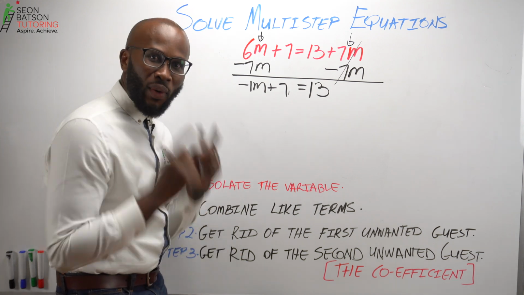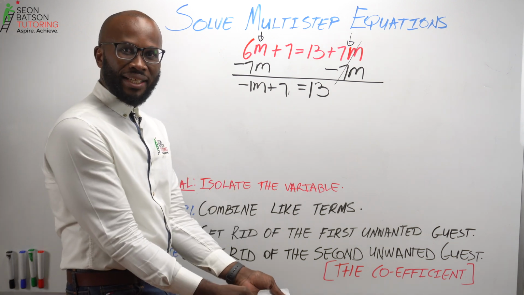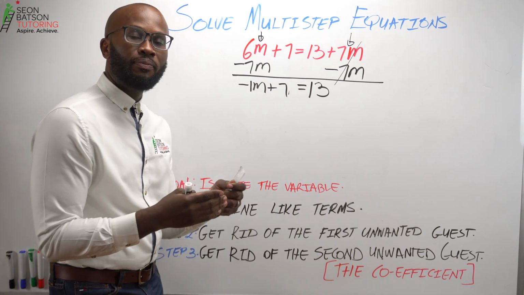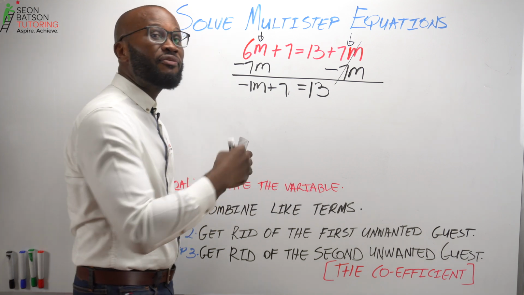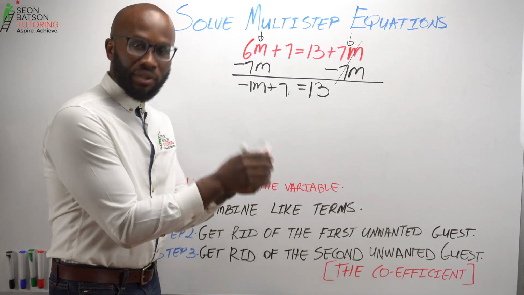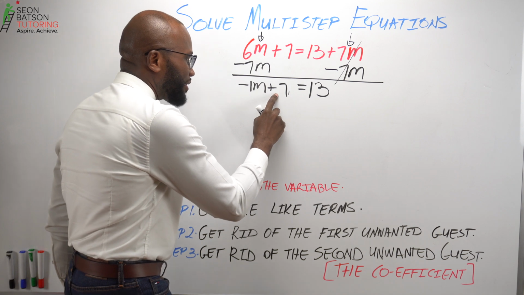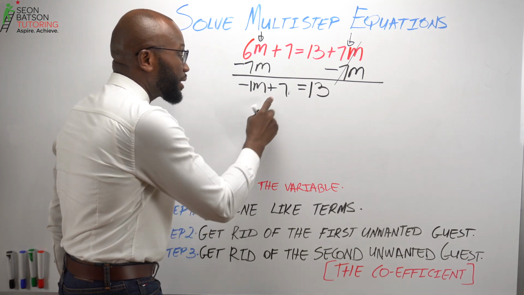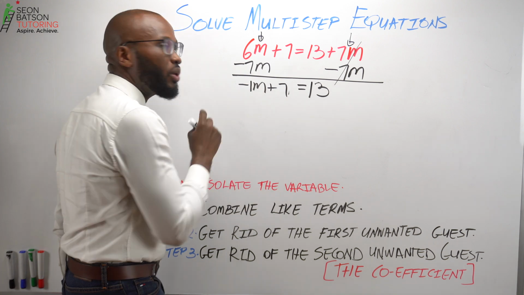The question is, which one do we get rid of first? Now, the rule says you always get rid of the unwanted guest that is farther away from the variable first. This positive 7 is farther away from the m than the negative 1.